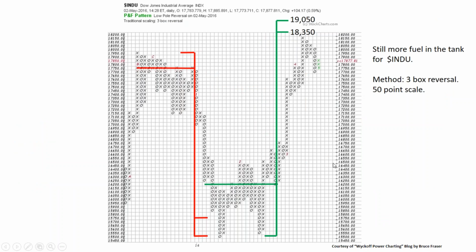Vertical counting they can program into the computer. So when you see point figure objectives that are generated by the computer, those are vertical counts. Horizontal counts require the judgment of knowing where to start them and where to end them, and so we have to do those horizontal counts manually.